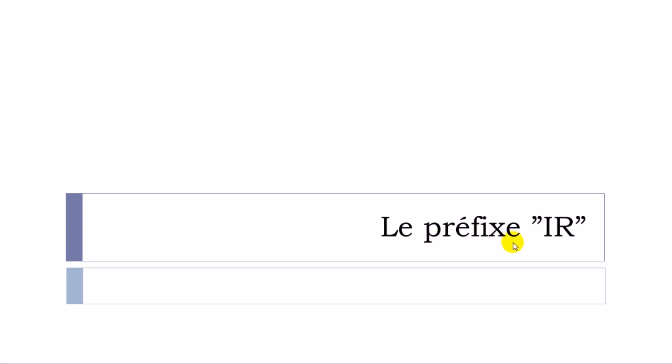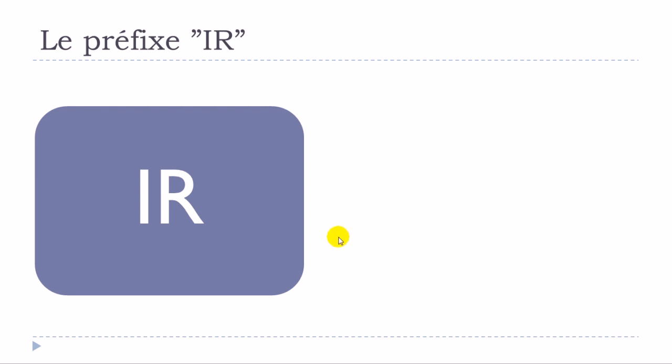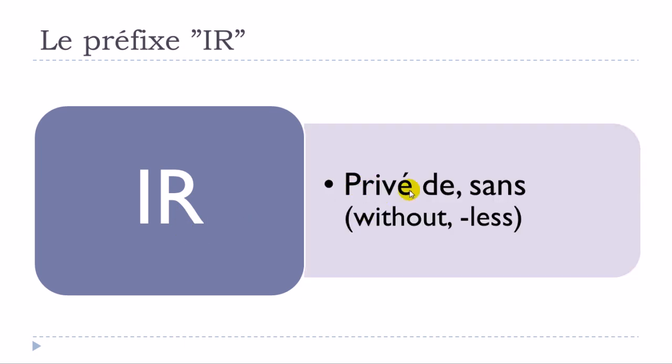Le préfixe er, and the good news is that it will be the last video for this chapter of prefix. If you remember, when we're talking about prefix, we're talking about letters, like in that case er, that you will add at the beginning of an existing word, and by adding these letters you will modify the original meaning of the word. In that case, the meaning will be privé de or sans.